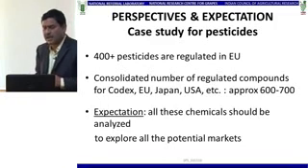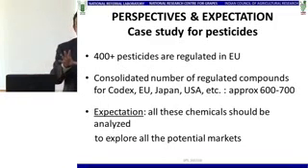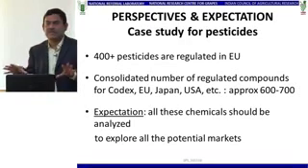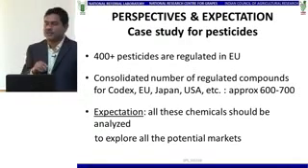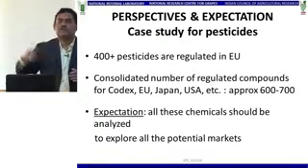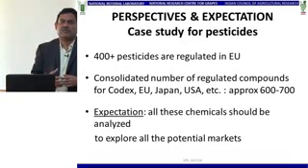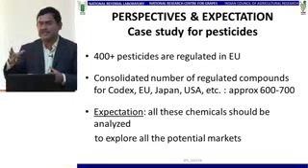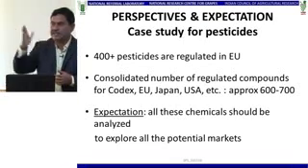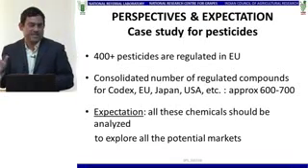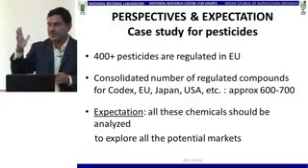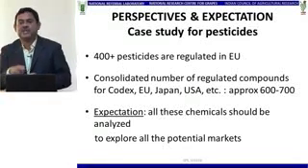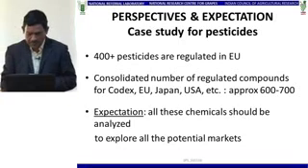So approximately it is said that 600 to 700 chemicals are probably available in agriculture across the world. Usually our exporters say, why don't you analyze each and every compound, so that they can take a decision on which market is the best market to export. Because something may not fit for Europe, but it may fit for export to another country.